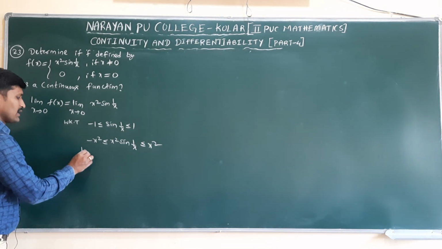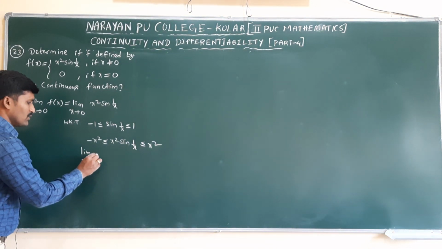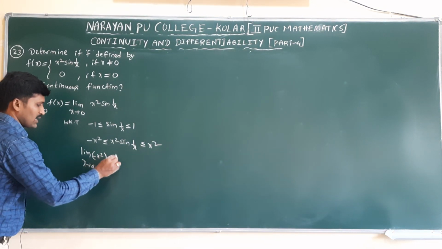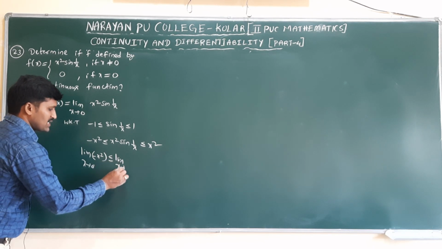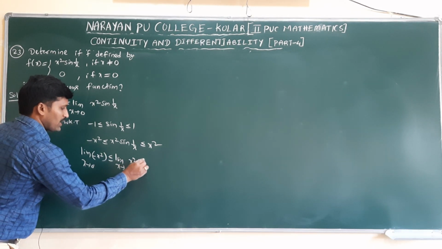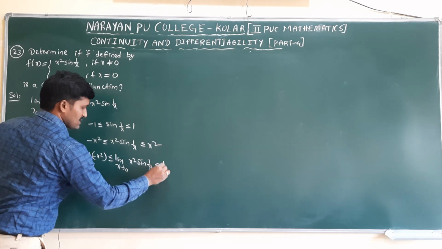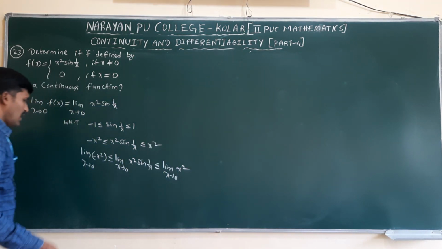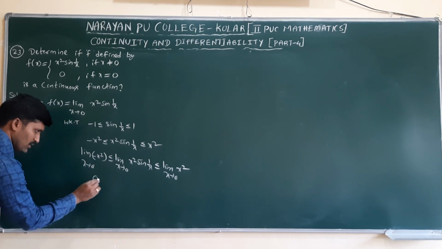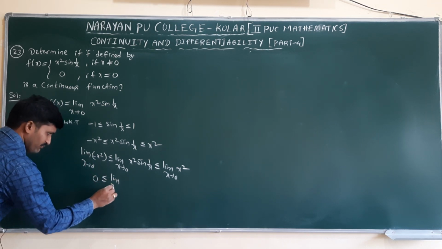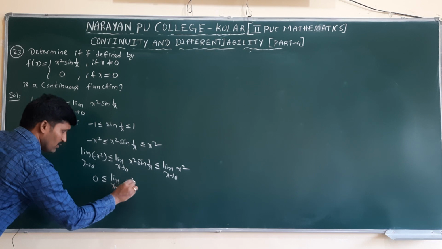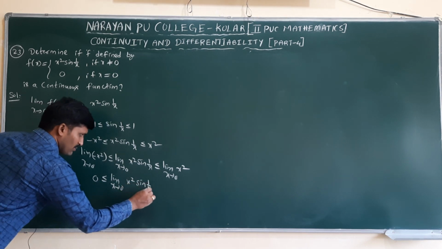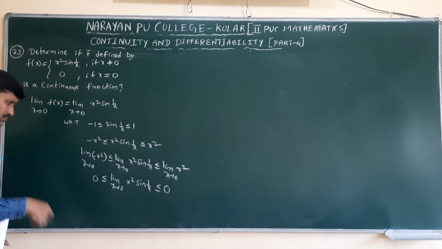What limit are we applying? Limit x tends to 0 of minus x square, less than or equal to limit x tends to 0 of x square into sin of 1 by x, less than or equal to limit x tends to 0 of x square. Applying the limit, minus 0 square, that is 0, less than or equal to limit of x square sin of 1 by x, less than or equal to 0.